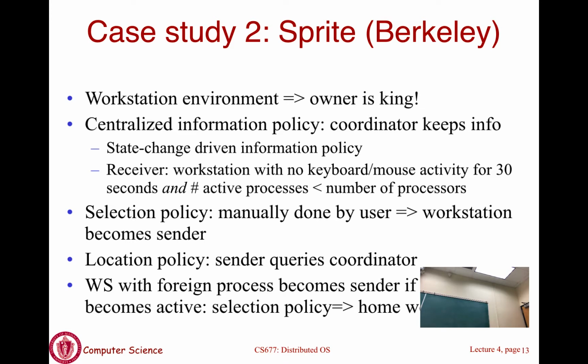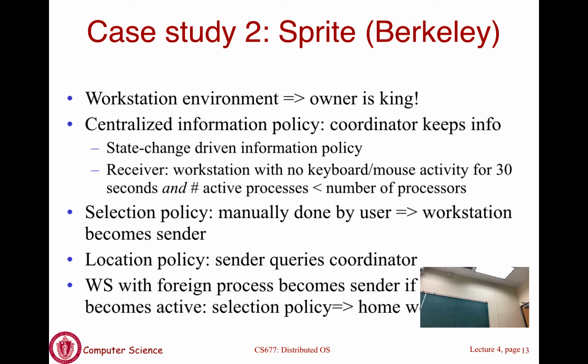So in this case, essentially the selection policy is chosen by the user. The workstation is going to be the sender as soon as you submit a job. And there is a centralized coordinator. The sender is going to say, I have a job to run. You ask the coordinator, where should I run it? The coordinator keeps track of when a node becomes a receiver; that receiver contacts the coordinator saying, I am a receiver, do you have a job?